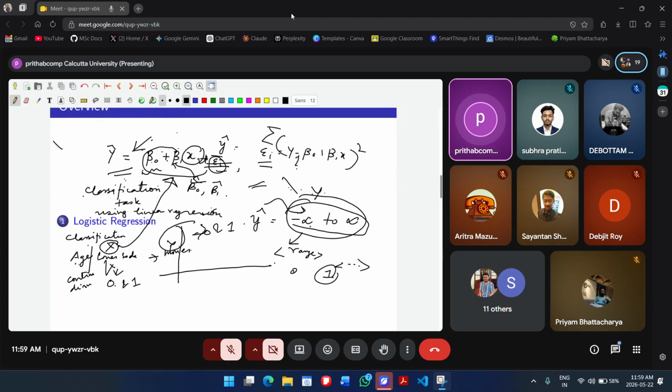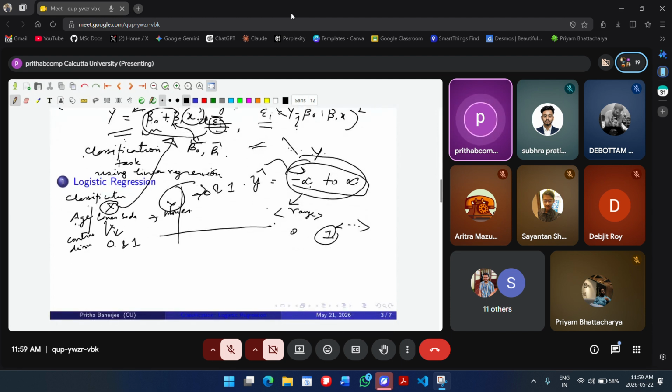We use logistic regression when your data is very well separated. If you have data over here like this and over here like this, and you can create a line which separates the data into two classes, then it makes sense to use logistic regression.